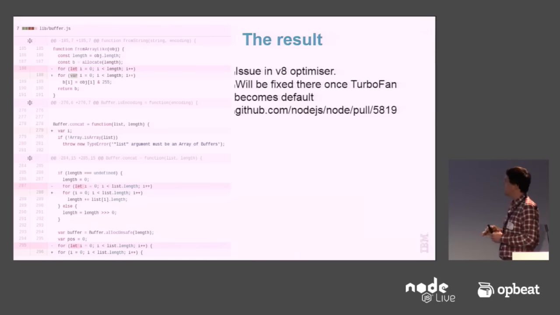So we issued a pull request to revert that change, as it turns out that the V8 optimizer isn't too happy when you have lets in a for loop. This is going to be fixed in a later version of V8 once TurboFan becomes the default optimizer. But in the meantime, we've changed that back to just having them as vars, so it's just changing the scope of the variable. And when we made that change, we saw the performance go back up to where it was in the previous version of Node.